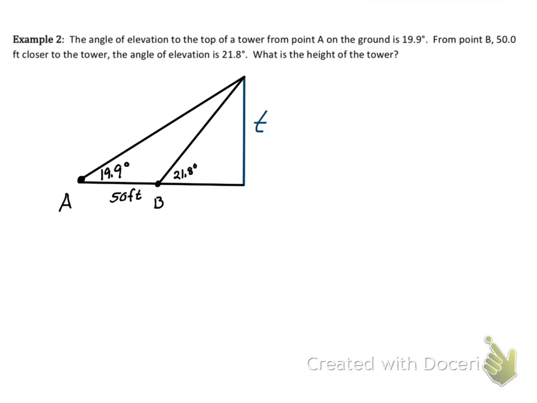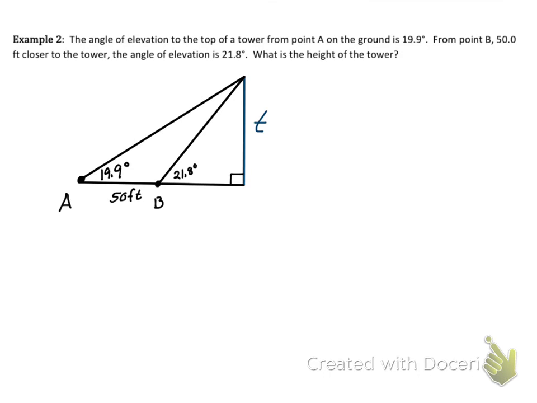Okay, so here is our ultimate goal. My ultimate goal is to get to T, which means I want to get to this right triangle, because right triangles are easy to solve. Well, in order to do that, I just need to find this hypotenuse. Because once I know this hypotenuse, I know the sine of this is going to equal T over my hypotenuse.